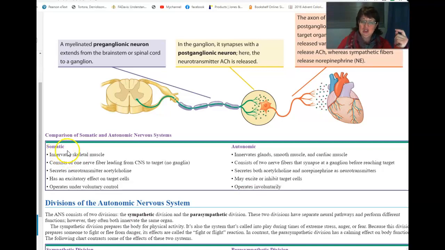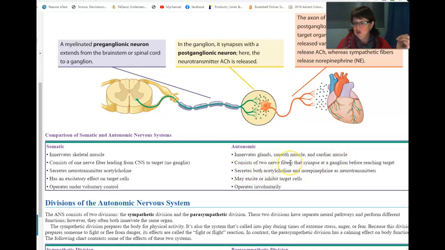In the somatic skeletal system, you've got one fiber with no ganglion. It usually secretes acetylcholine, and it's always excitatory. Voluntary. Autonomic is involuntary. It can innervate glands, smooth muscles, or cardiac muscle, remembering that smooth muscle and cardiac muscle are the involuntary muscle.